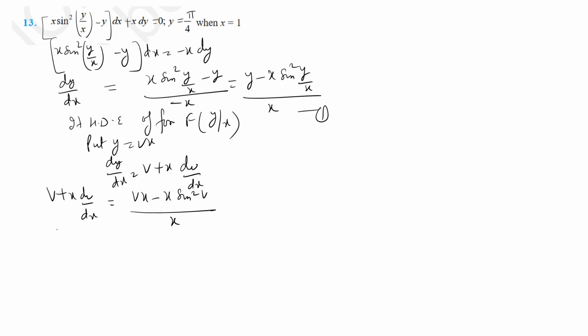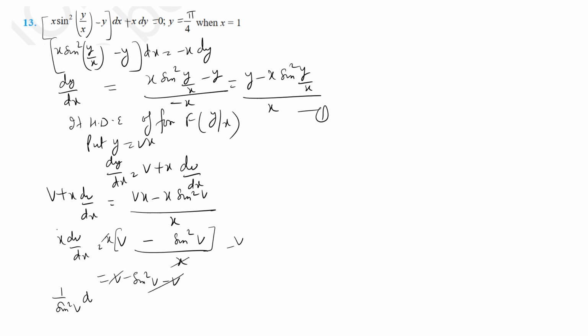So x dv by dx is equal to vx minus x sine square v upon x, where we can take x common from both the numerator and denominator. Then minus v to this side, v minus sine square v minus v. So we get, taking 1 upon sine square v to the other side, dv is equal to minus dx upon x, and the variables are separated.